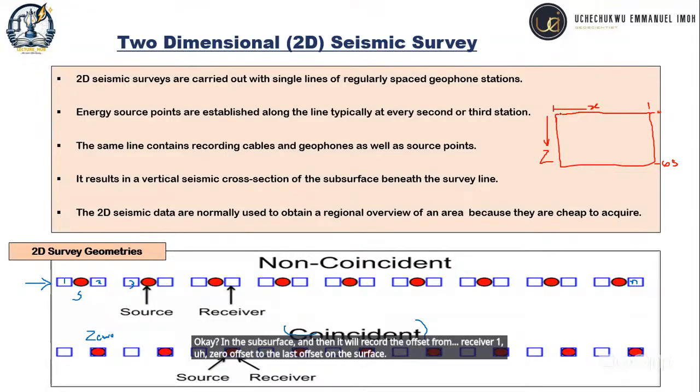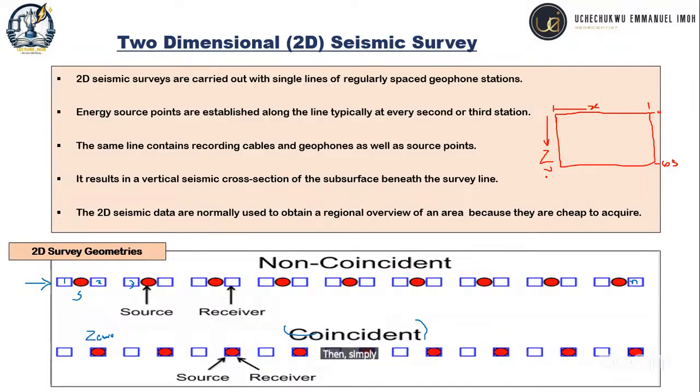So it gives you your X and Z direction. Simply you can call it the XY, but here it is Z because it's your depth. So it's used for regional studies, as I mentioned earlier.